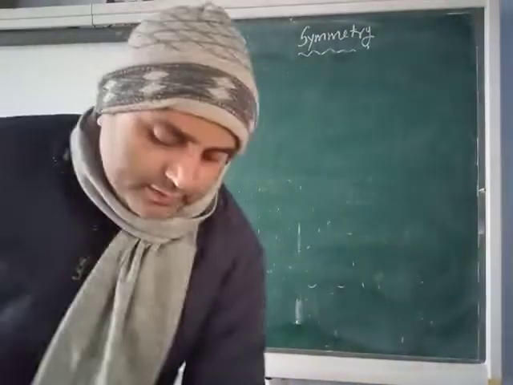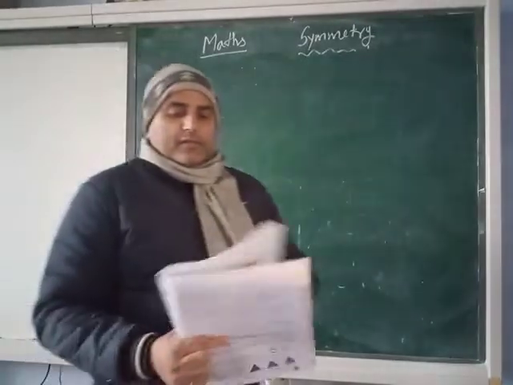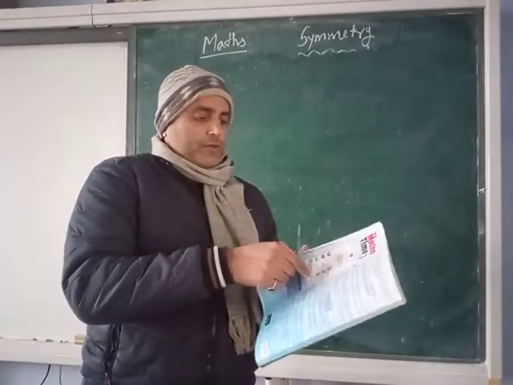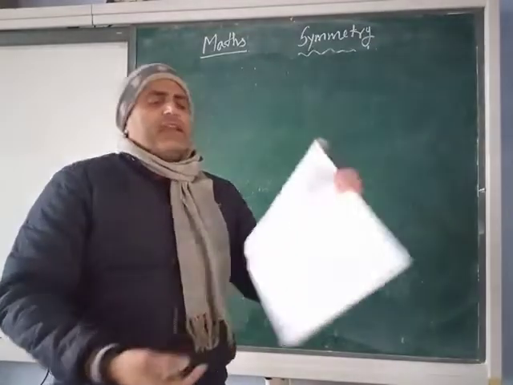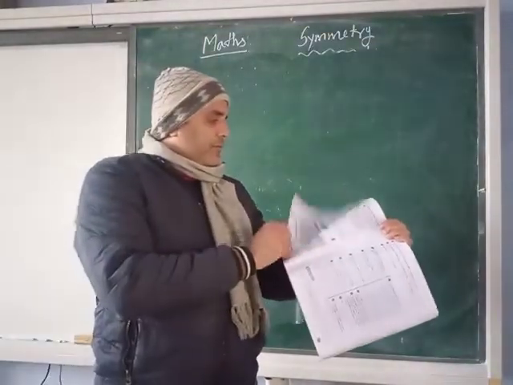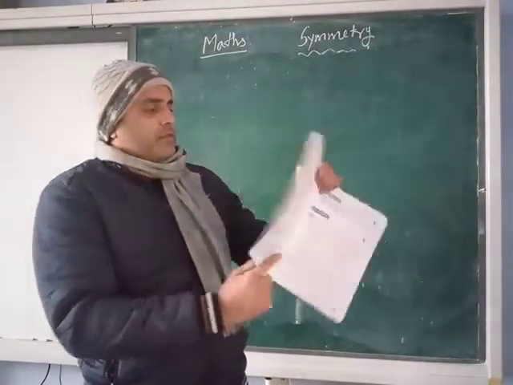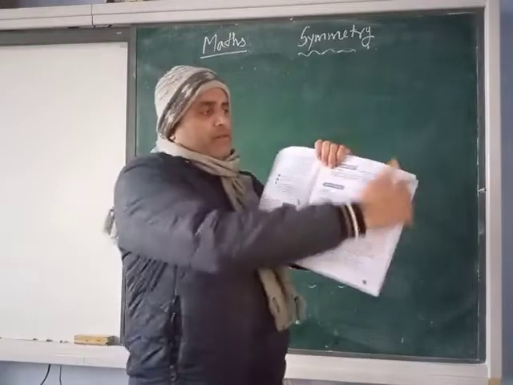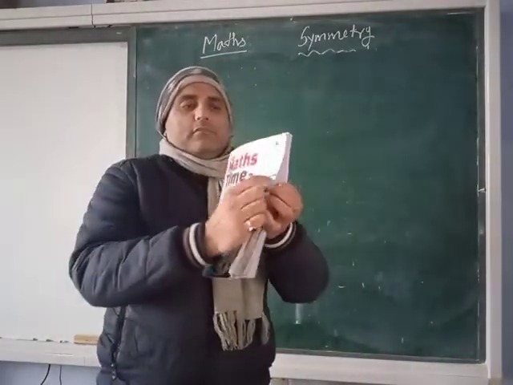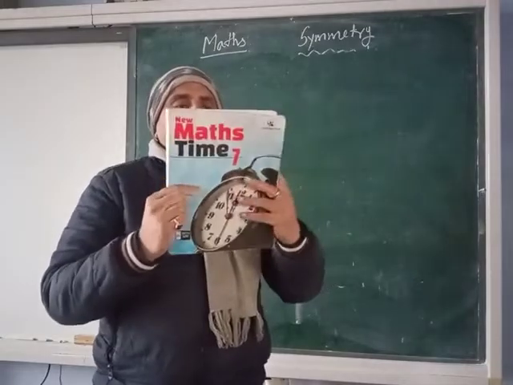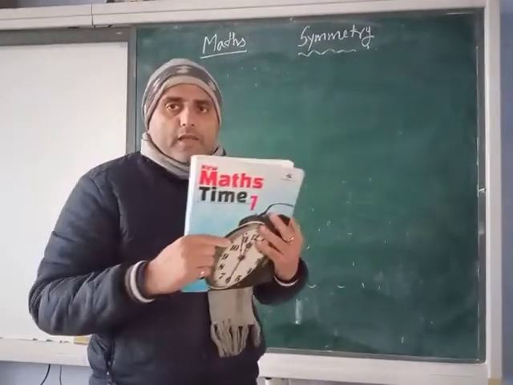Next one, see, if this is a book, okay, we have opened it. That is any chapter, I don't know, and this is the rectangle shape now. When we fold it like this from the center, it covers both parts fully.